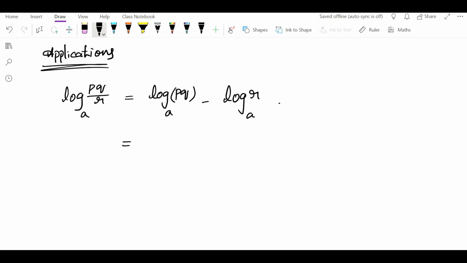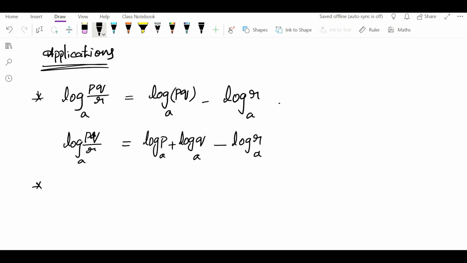That means this log xy base a can be converted into log x base a plus log y base a. Similarly, log PQ base a can be converted into log p base a plus log q base a minus log r base a. Log PQ by R base a is equal to log p base a plus log q base a minus log r base a.